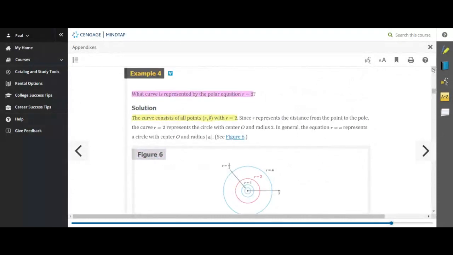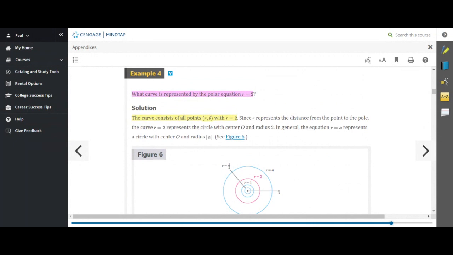Like in example 4, they ask what curve is represented by the polar equation r equals 2. Well, in the solution, the curve consists of all points, all polar coordinates that have a radius of 2.